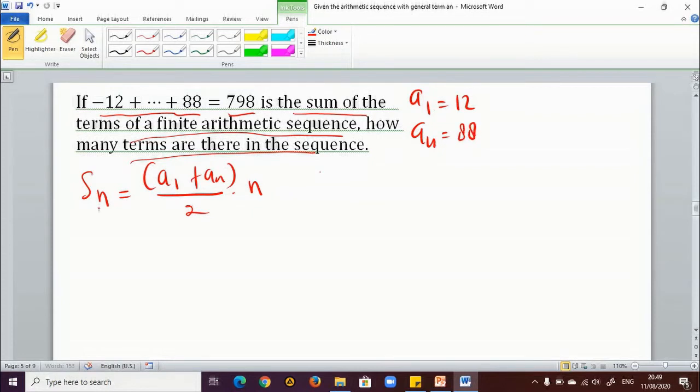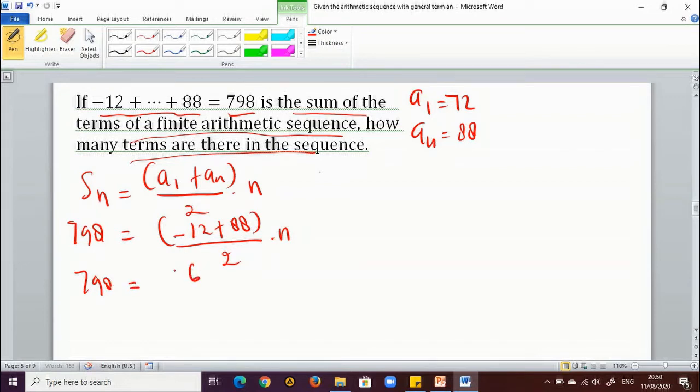So we just need to substitute all of what they've given to us. 79x is equal, sorry, this one is minus. So in here, minus 12 plus 80x over 2 times n. So 79x is equal 6817 over 2 times n.